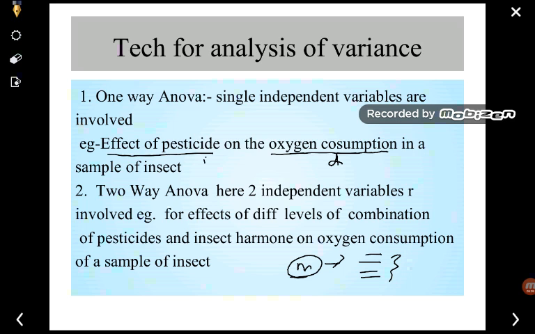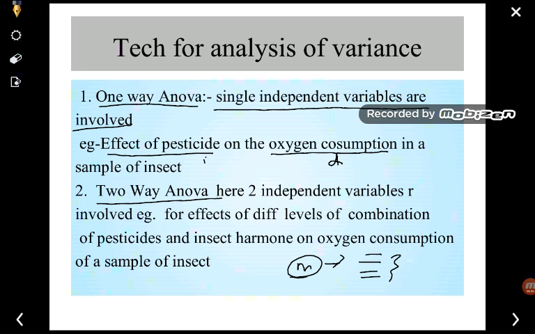And what are the techniques for analysis of variance? Normally ANOVA can be estimated by means of one-way ANOVA or the two-way ANOVA. The first one is the one-way ANOVA. So what is one-way ANOVA? In case of one-way ANOVA, only one independent variable is involved.